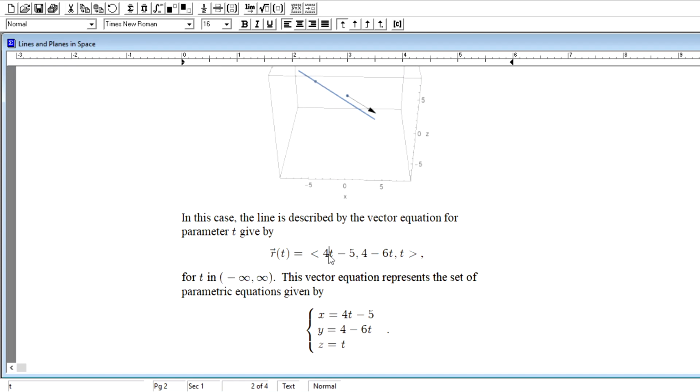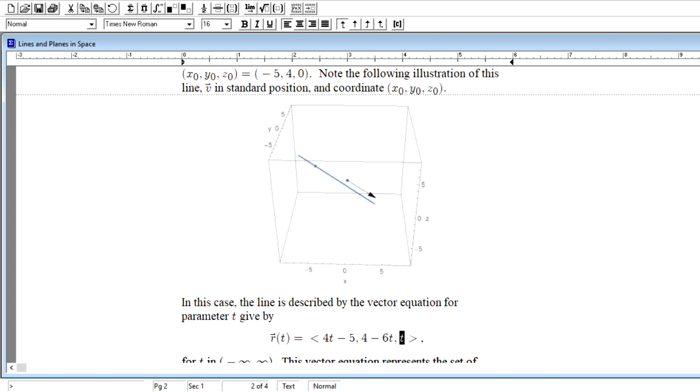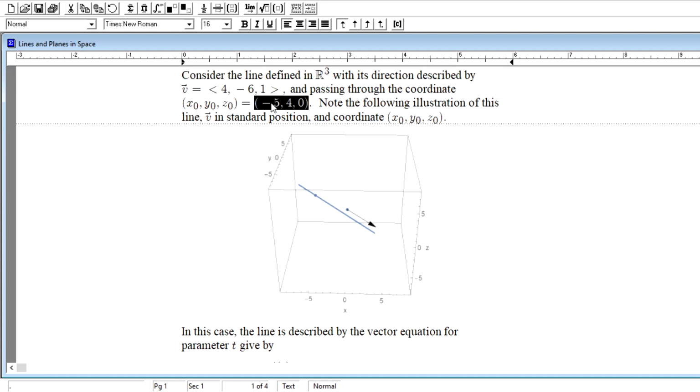Notice plugging in 0 into the equation here for t, plugging in 0 here and plugging in 0 here is just going to reference the location negative 5, 4, 0 on the line. This is the point on that line where t happens to equal 0 in its vector description.